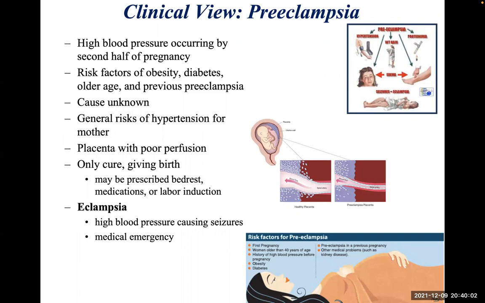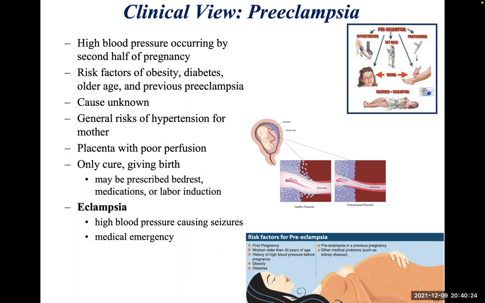Preeclampsia and eclampsia, I just discussed, and so far as much detail as I want you to know, what characterizes these conditions is high blood pressure. And that high blood pressure causes proteins and other abnormal constituents to be found in the urine.